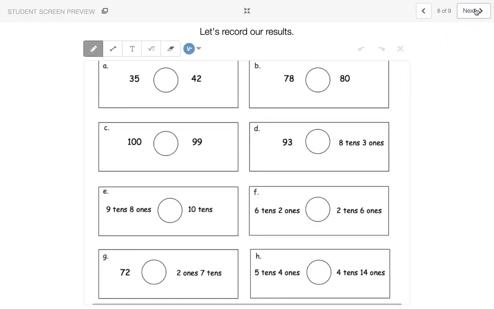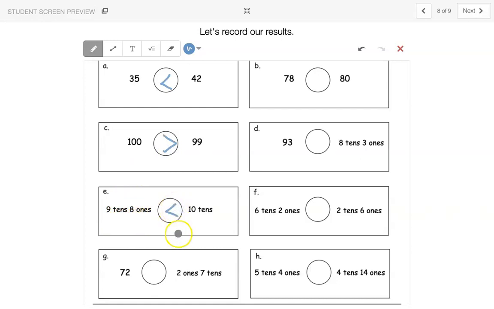Let's record our results. Let's write down what we just did. And I want you to copy it on paper and make sure you understand why I'm putting the inequality symbol the way that I'm putting it, okay? All right, so here we go. 35 less than 42. 100 greater than 99. 9 tens and 8 ones is less than 10 tens.